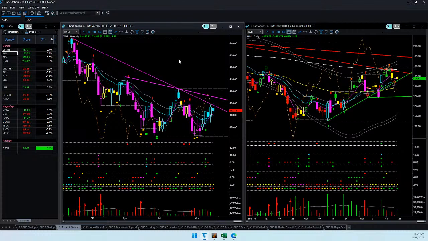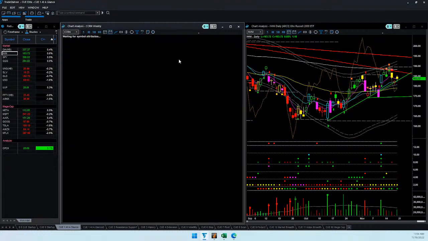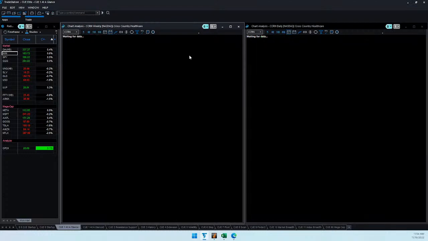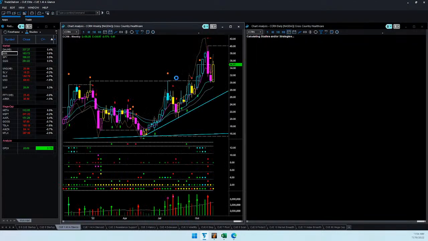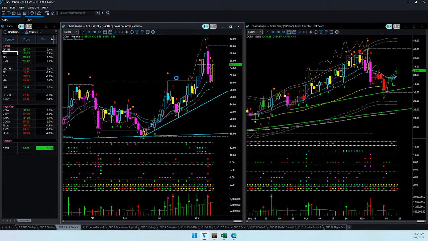We could look them up in Q Elite also, CCRN. Weekly backdrop is indecisive color. Daily is already up significantly from the recent swing low, so I'm not going to buy now.